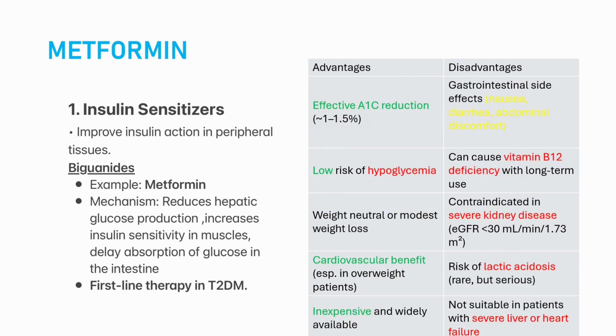But recent studies show that metformin can actually improve myocardial function and reduce oxidative stress, and there is improved outcome in heart failure. But we have other choices of medications, so the choice of metformin in heart failure should be individualized.